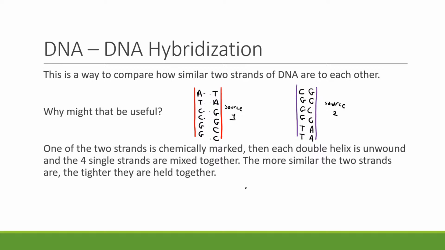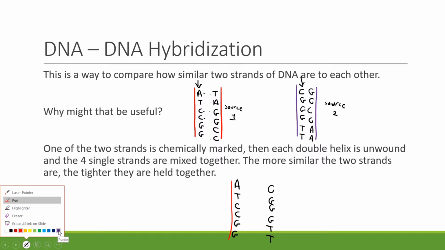And so if I mix together this strand and this strand to see how similar they are, we're going to have A, T, C, C, G, G compared to C, G, G, G, T, T. When we look at the way these are going to line up, they're not very similar.